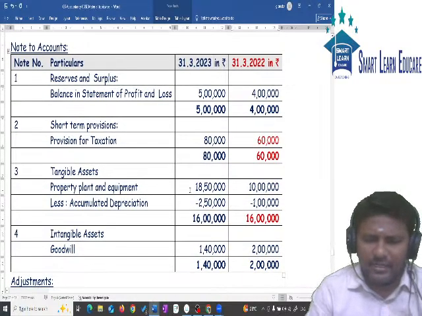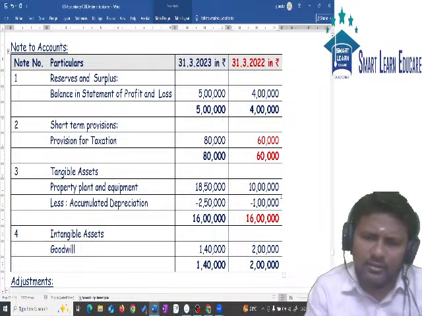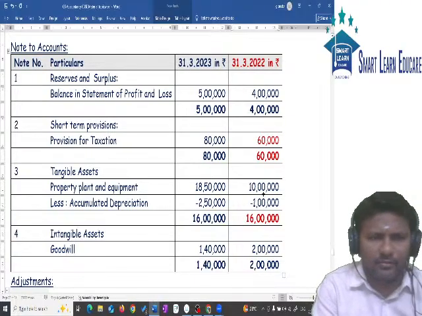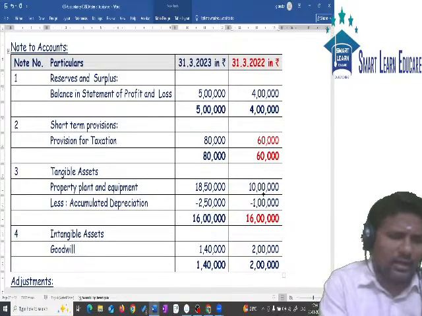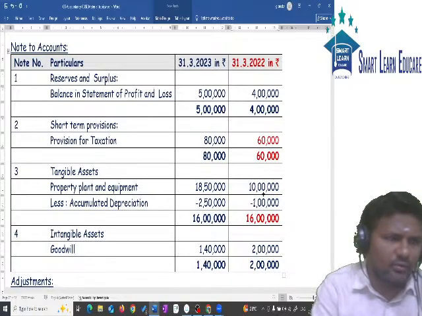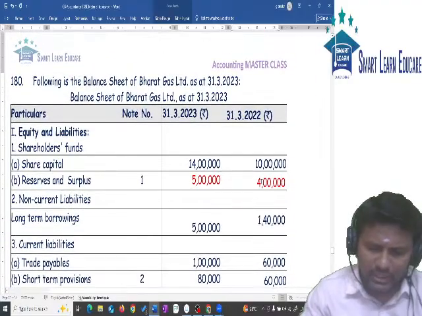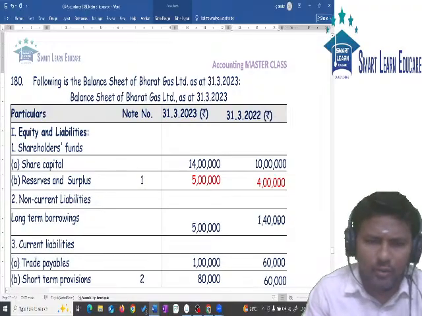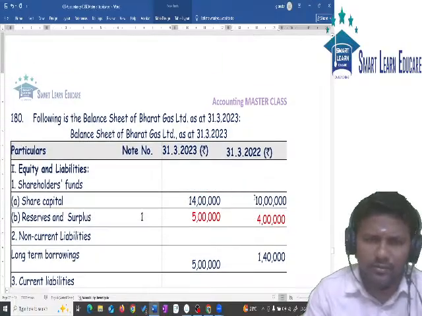Then property, plant and equipment. Here also you need to correct.